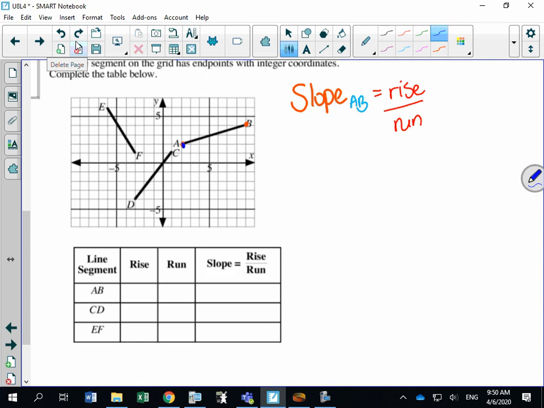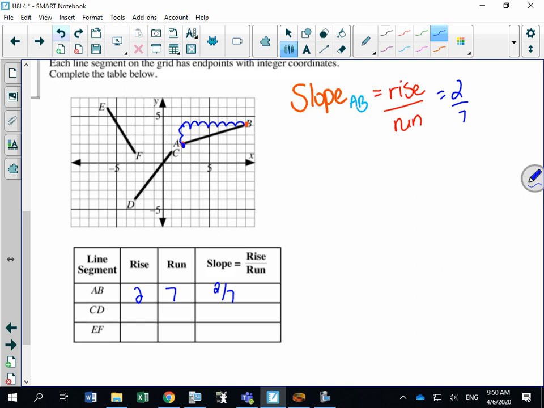From point A, 1, 2, I rise 2, and I need to run 1, 2, 3, 4, 5, 6, 7. So the slope of line segment AB is 2 over 7.